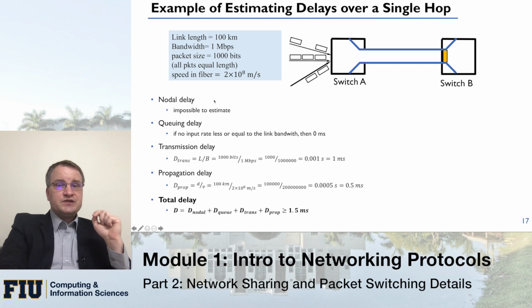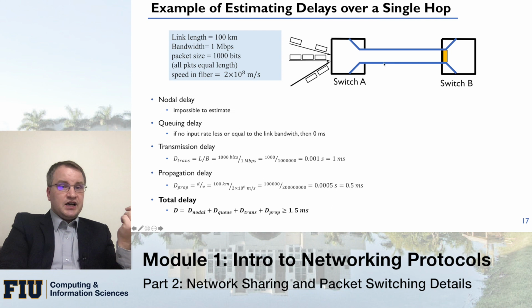Nodal processing, as I said, we cannot really estimate. For queuing delay, if there is no queuing happening, let's say the bandwidth of incoming links is overall less than the bandwidth of outgoing links, then there's no queuing, so you can just assume 0 in this case.